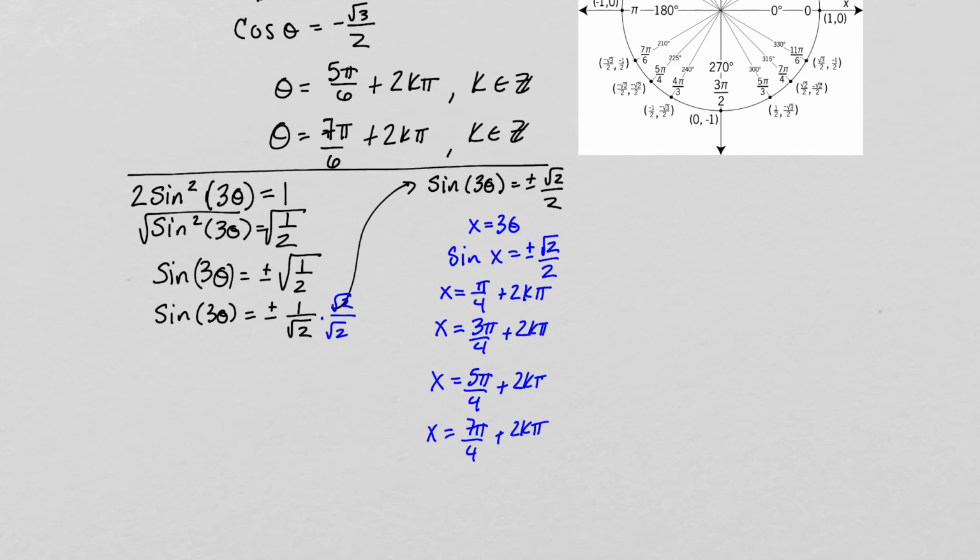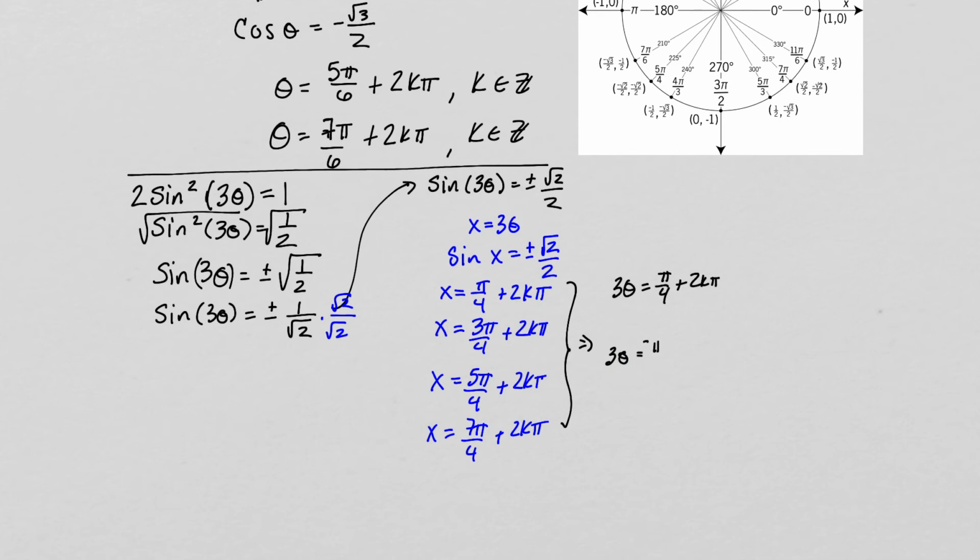Now, though, remember, my original problem was in terms of theta. So now I'm going to rewrite all these with my theta. So we're going to have 3 theta equals pi over 4 plus 2k pi. I'm going to leave a little bit of room underneath here. And I'll answer that question in 1 second.